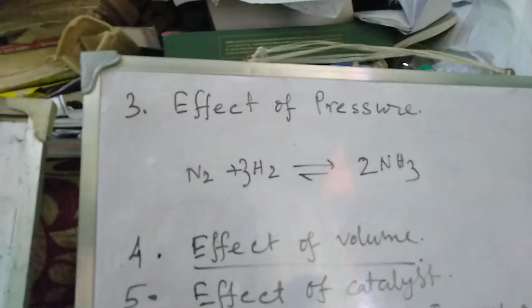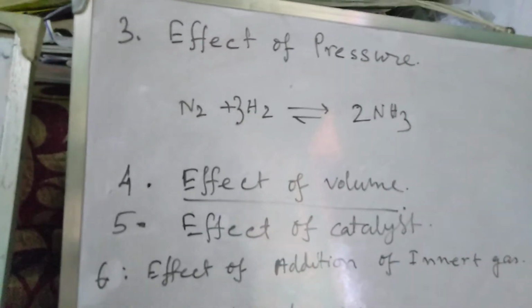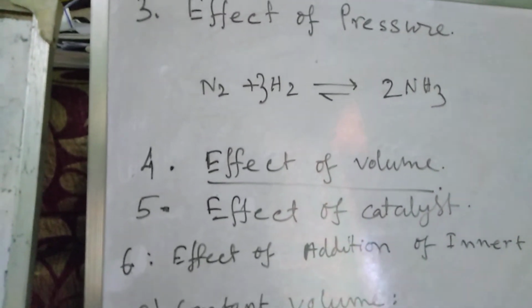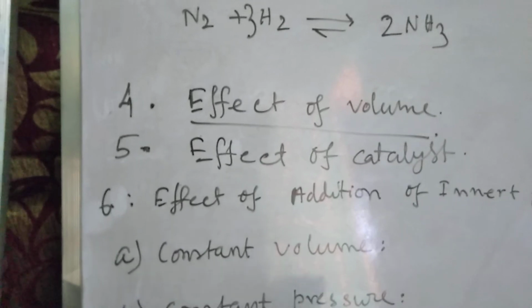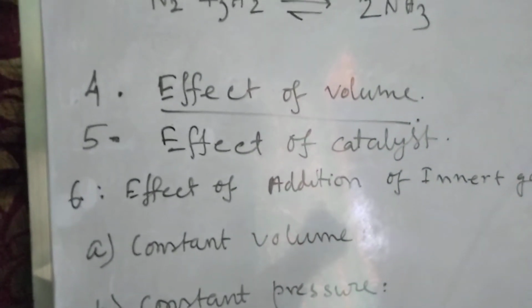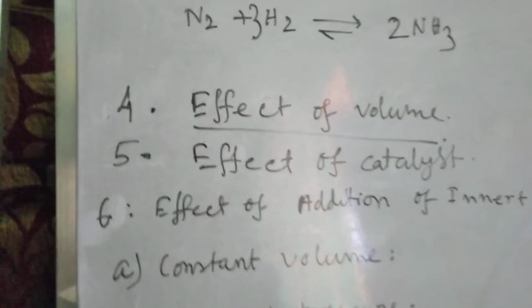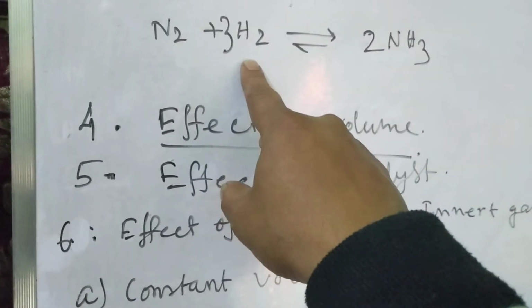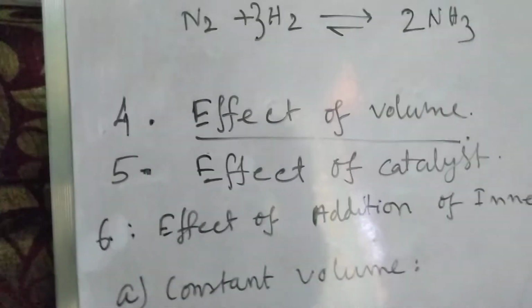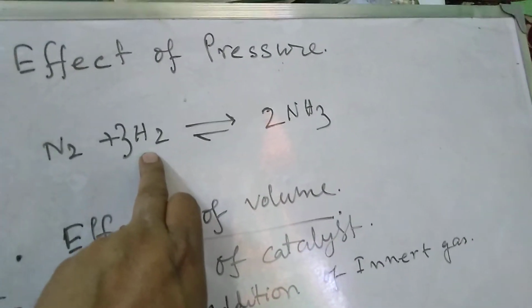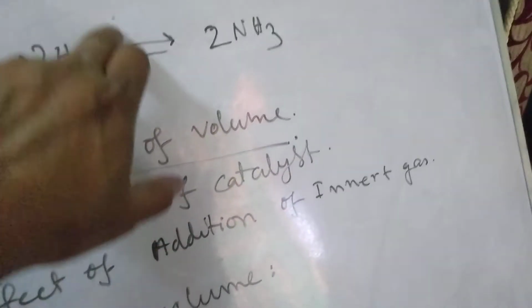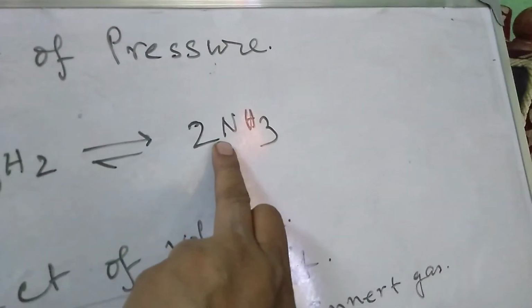Now we come to the effect of pressure. Whenever we apply pressure to the equilibrium state, the equilibrium tries to reduce that excess pressure and shifts the reaction in that direction where the pressure can be reduced. Here I am giving one example of nitrogen reacting with hydrogen to produce ammonia. In this forward reaction, one molecule of nitrogen reacts with 3 molecules of hydrogen, that is 4 molecules of reactants, but the product becomes 2 molecules.